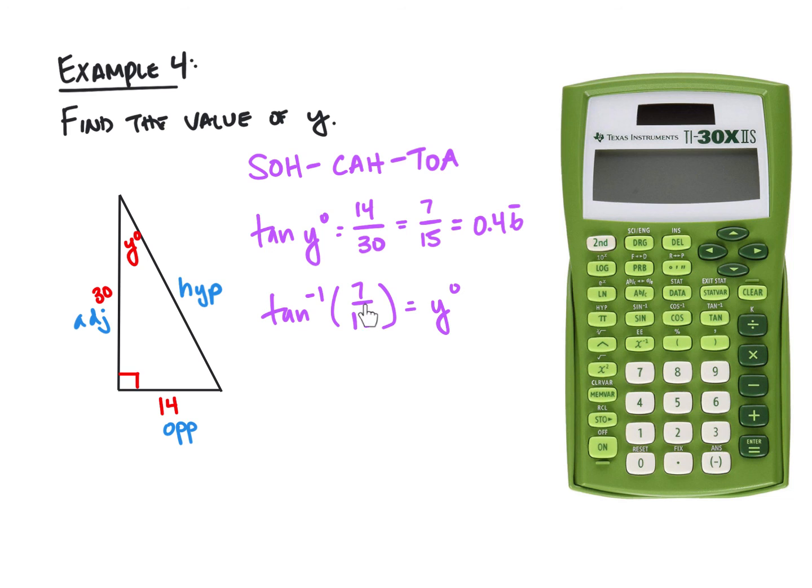I'm typing in 7 divided by 15, and I'm closing that parentheses, and I'm going to hit equals. And it tells me that the measure of angle y, or the value for y, is going to be about 25.0 degrees. So that angle there must be an angle that's about 25 degrees based on what its fingerprint is.